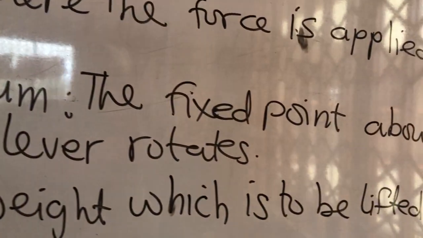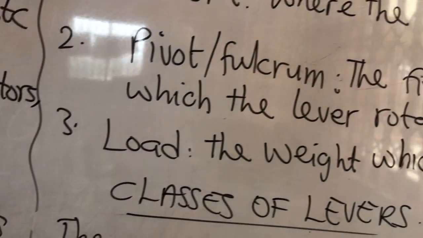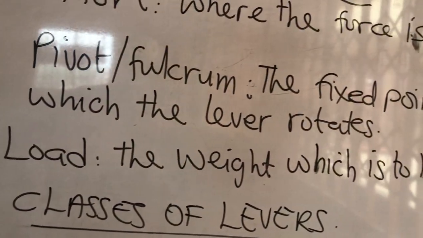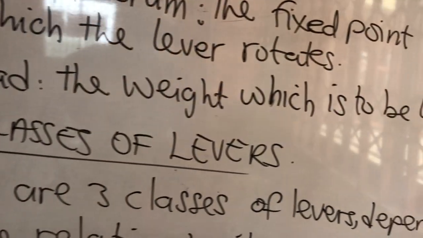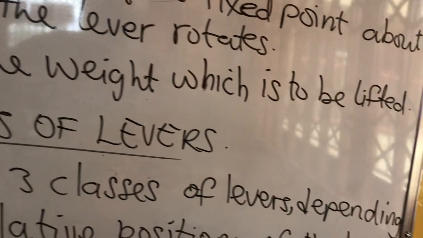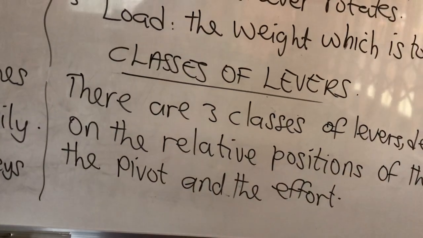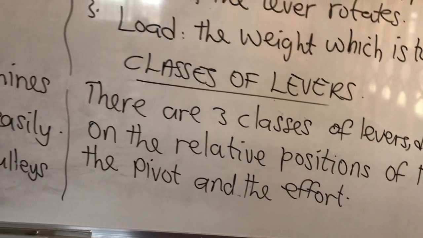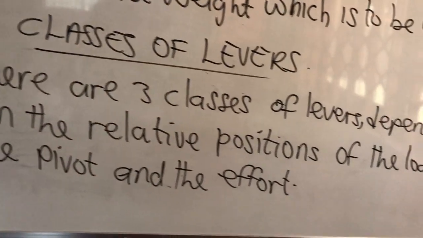Now let's look at the classes of levers. All these simple machines can be classified based on the positions of the load, the pivot, and the effort. We can classify them into three groups, and these are the classes or classifications of levers.